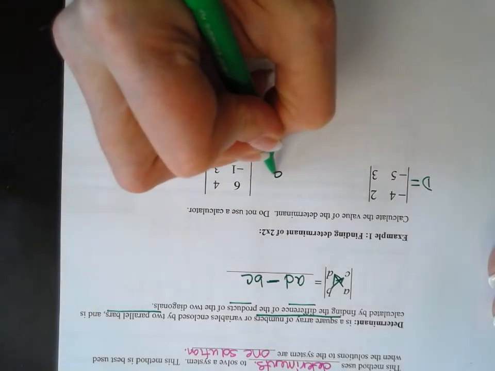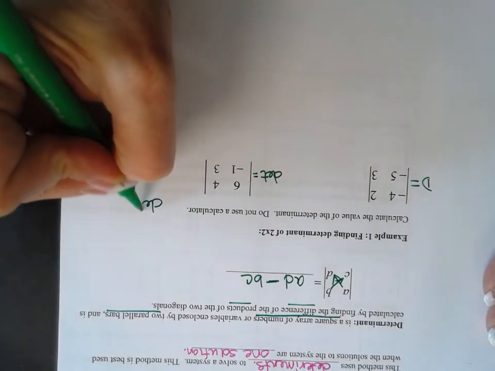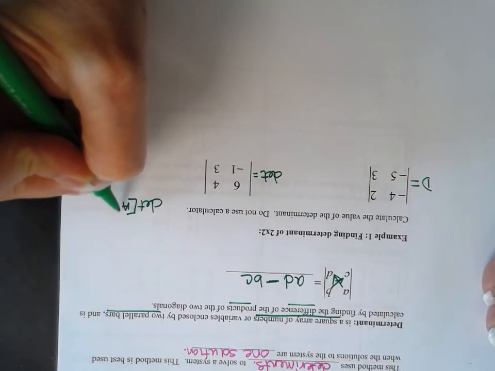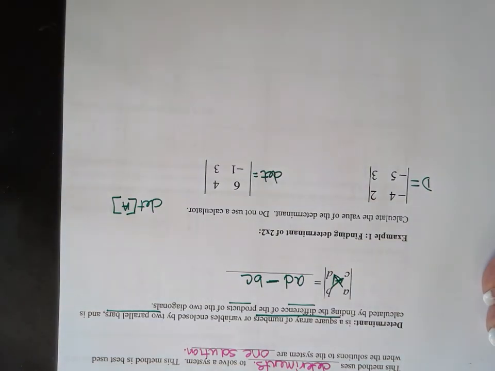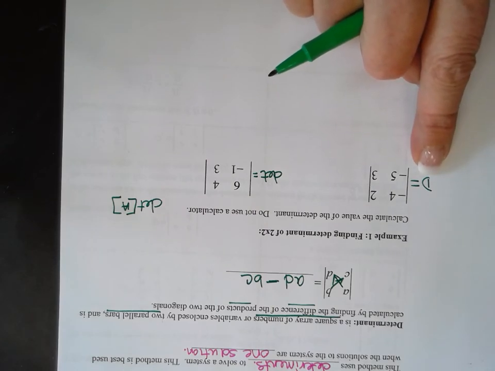You could use either just D, or you could do the DET. Usually they use DET when they're talking about a specific matrix, like DET of A means the determinant of matrix A. But the symbol notation is just D.